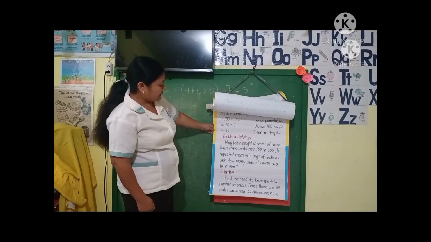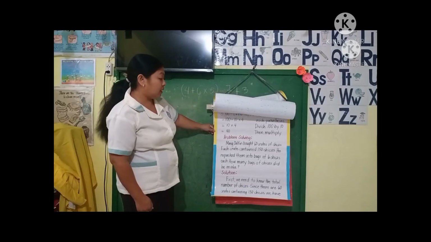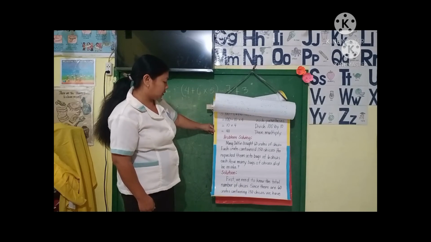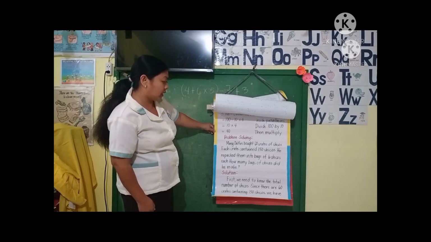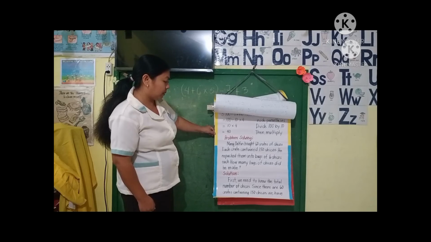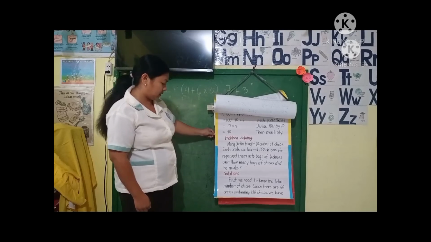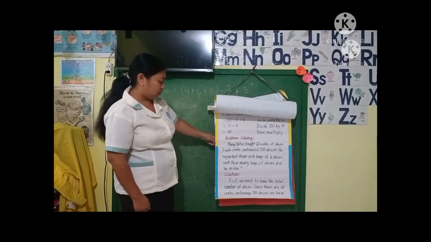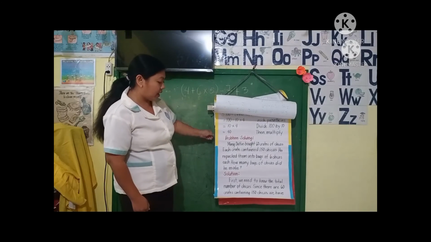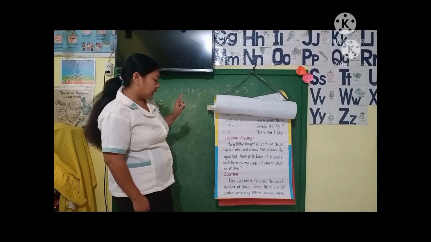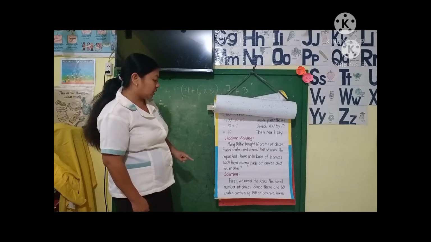Ma'am Delphine bought 60 crates of chicos. Each crate contains 150 chicos. He repacked them into bags of 6 chicos each. How many bags of chicos did he make? So, the solution is, first, we need to know the total number of chicos.